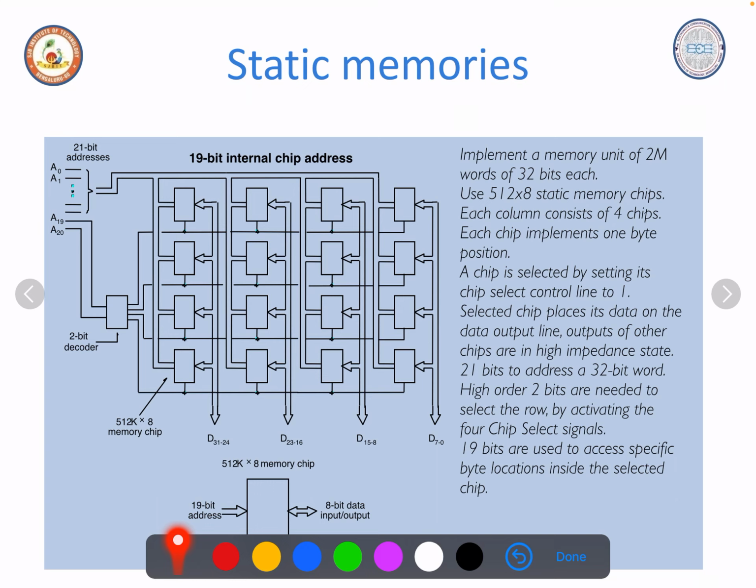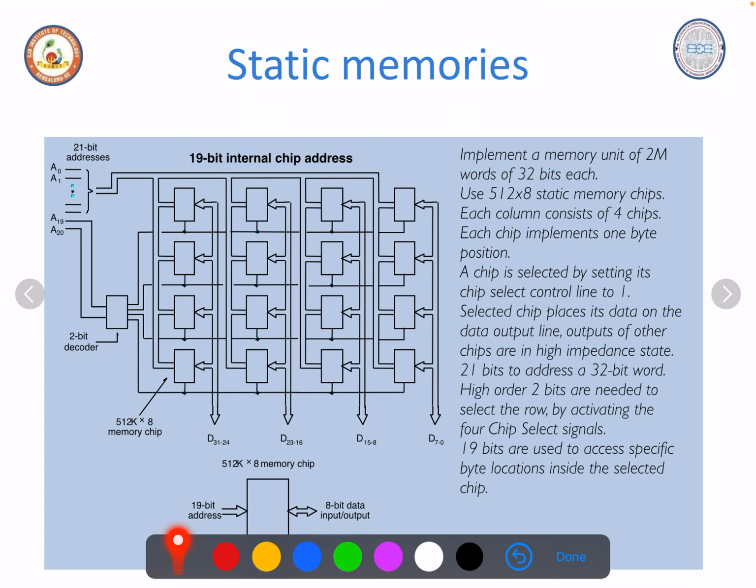Each chip is of size 512K by 8. 512 indicates 9 bits, and K, that is 1K, indicates 10, total 19.